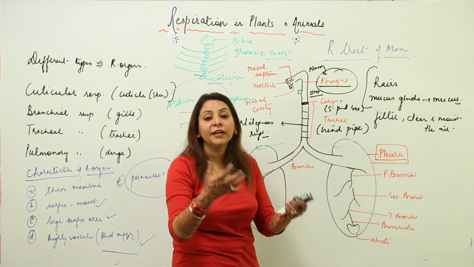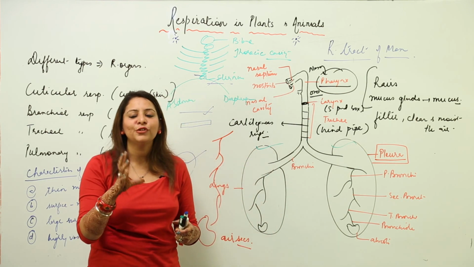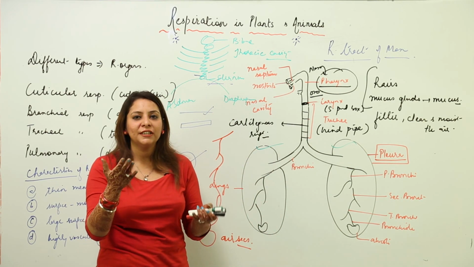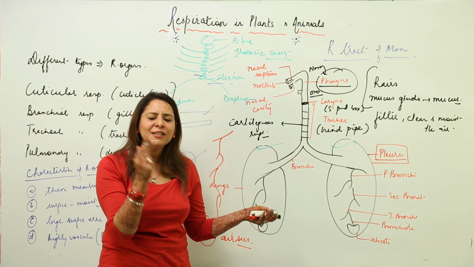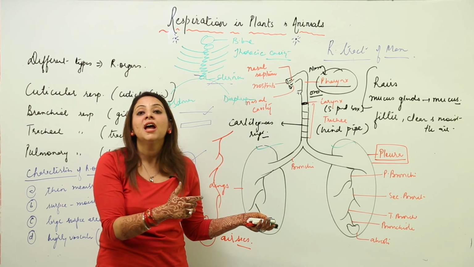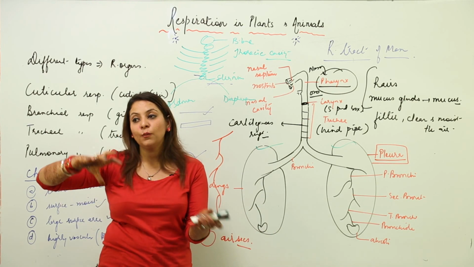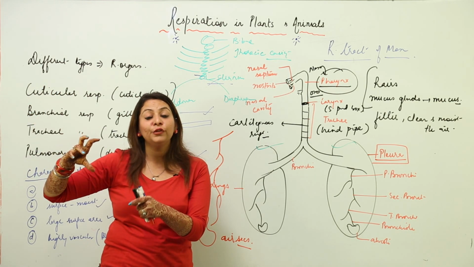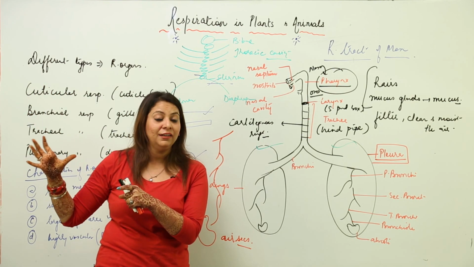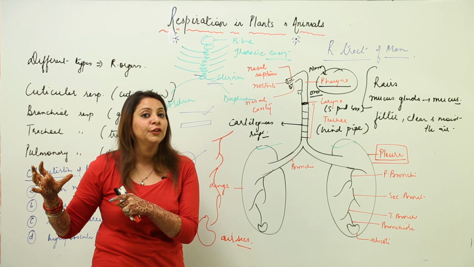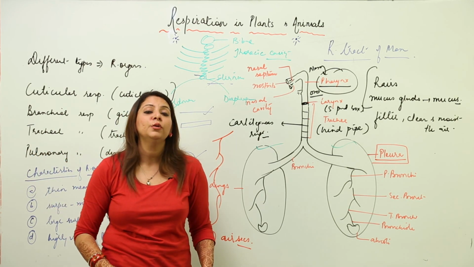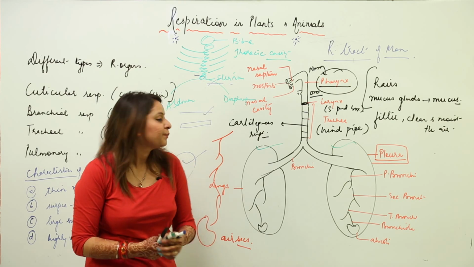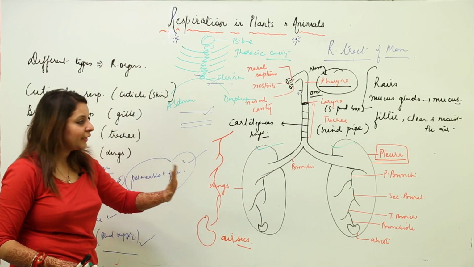Due to accumulation of those pollutants, the color of the lungs changes. So the color of the lungs for a newly born is a light pinkish, a very good one. And for someone of 80 or 90 years, it is a dark black cherry color, just because of the pollutants. See how much pollutant you come across in a daily routine. So this is the respiratory tract. I think you got it.